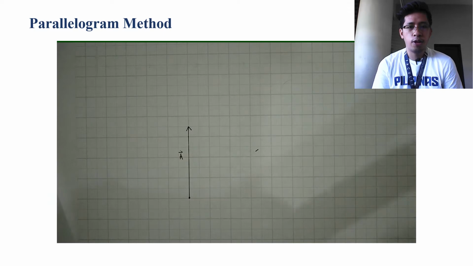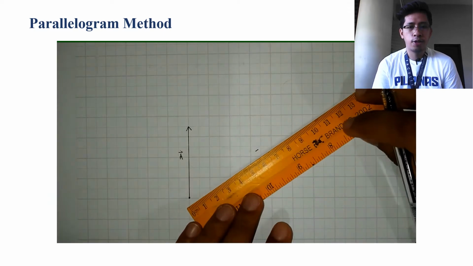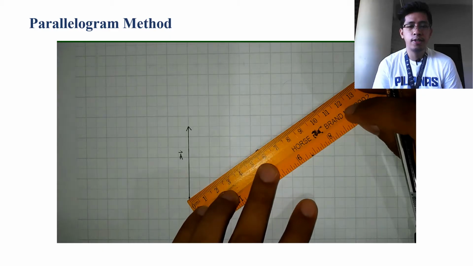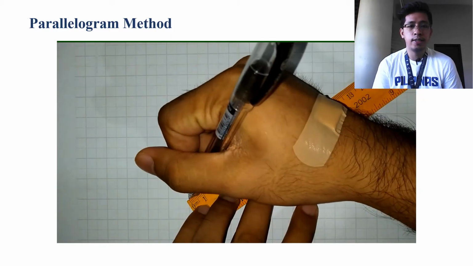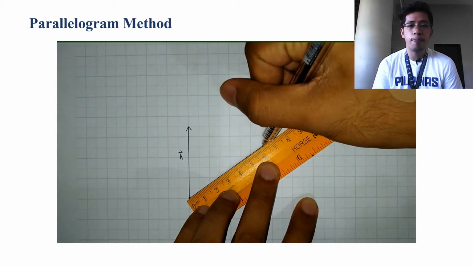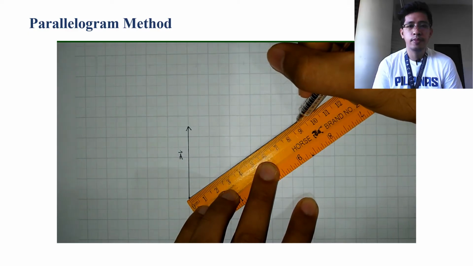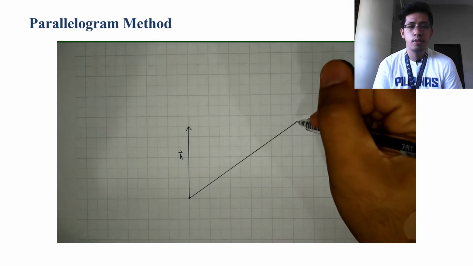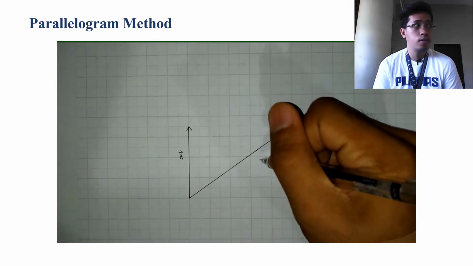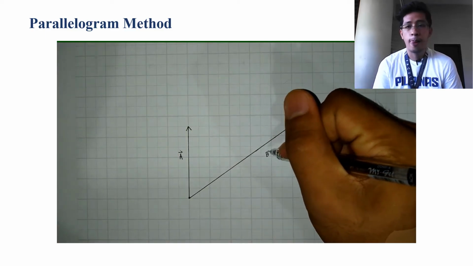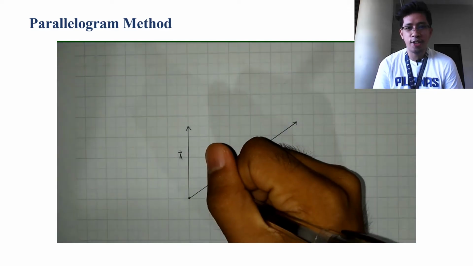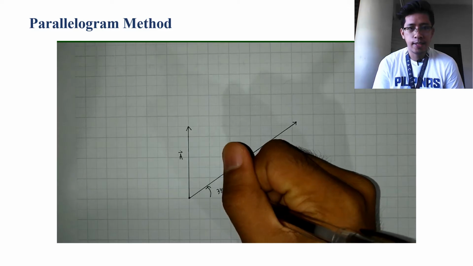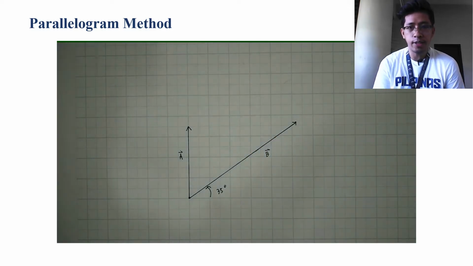So from that, we are going to draw your vector B, which is 9 centimeters north of east at 35 degrees. So that is your vector B. This is at, again, 35 degrees.